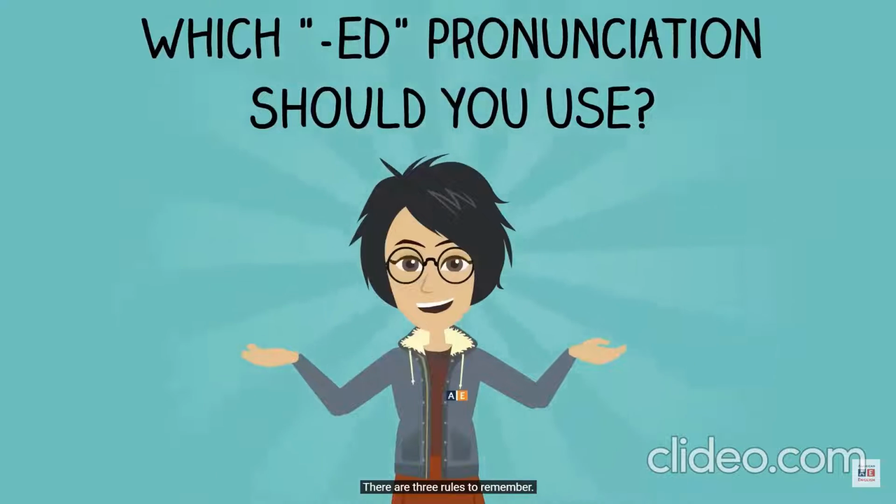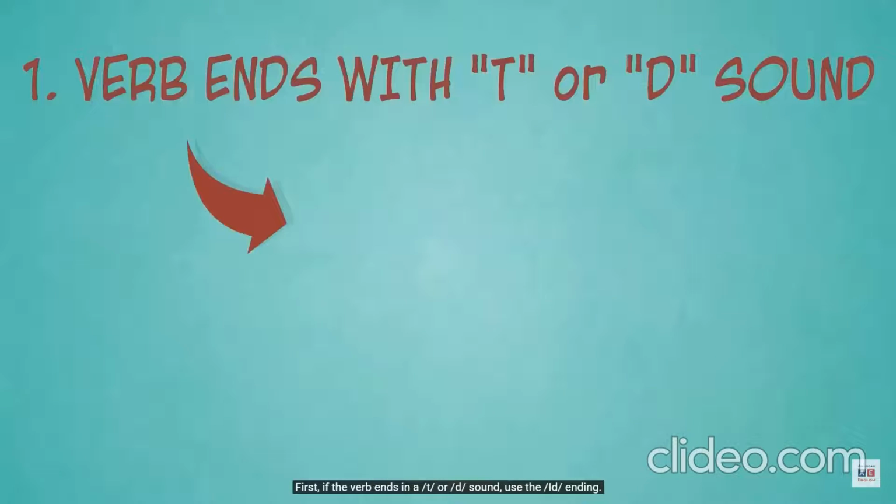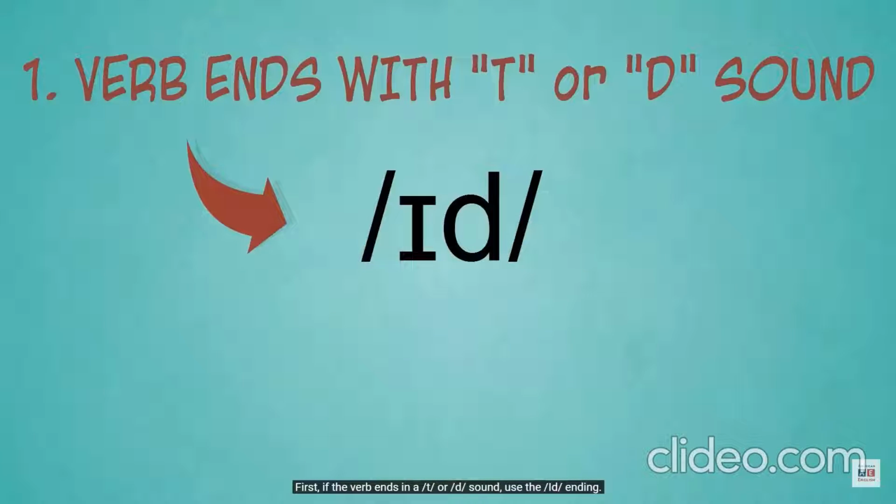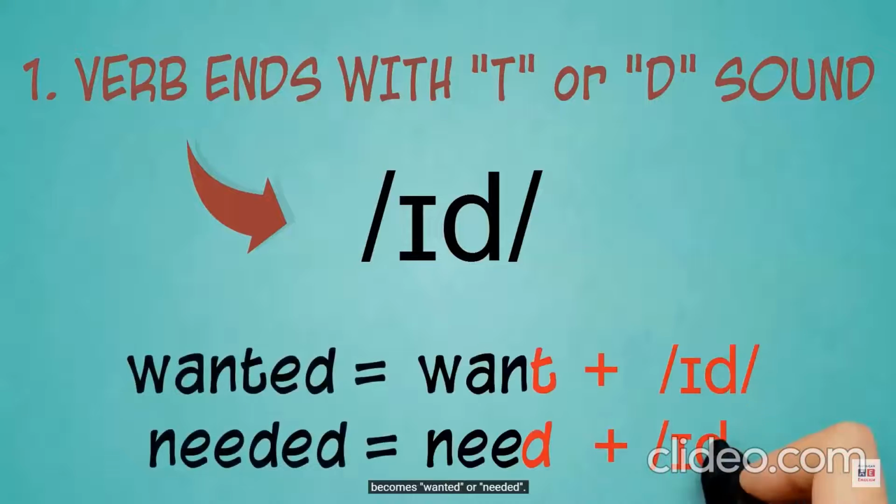There are 3 rules to remember. First, if the verb ends in a t or d sound, use the id ending. For example, the past tense of verbs want and need becomes wanted or needed.